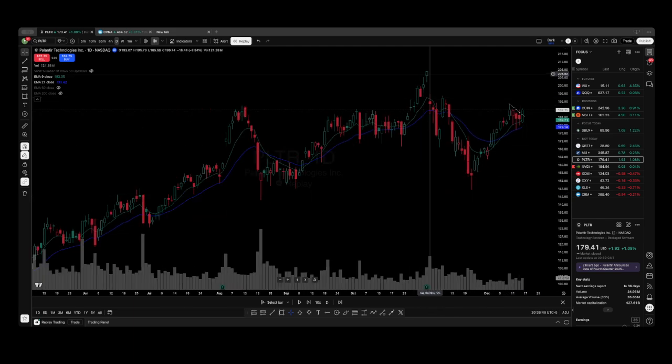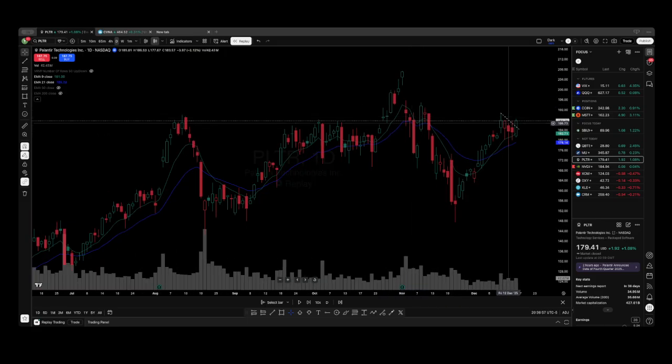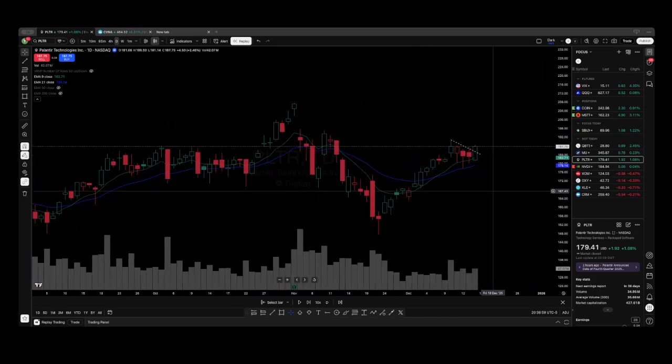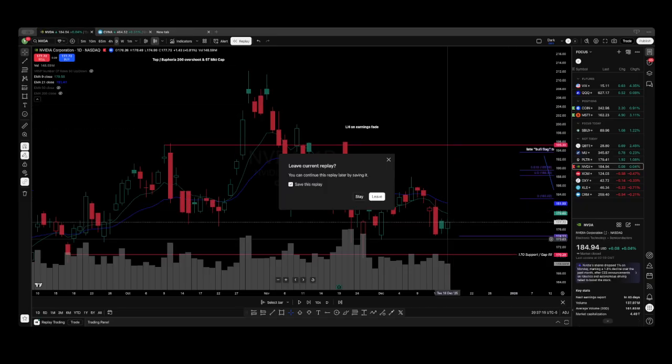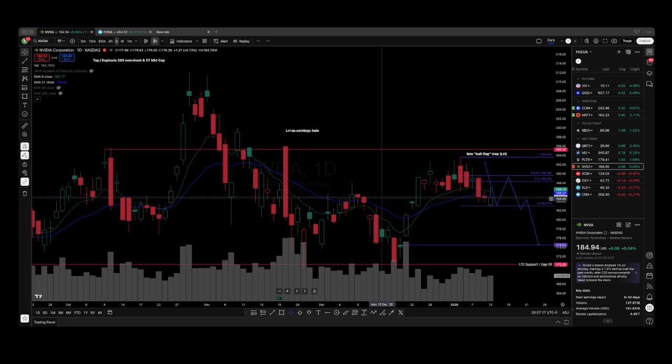You also start to understand the chart and what this base actually looks like, which is a distribution, but we will cover that later on. And you start to notice that instead of a continuation trade, this could actually be a late bull flag trap, which is also what NVIDIA has set up right now.